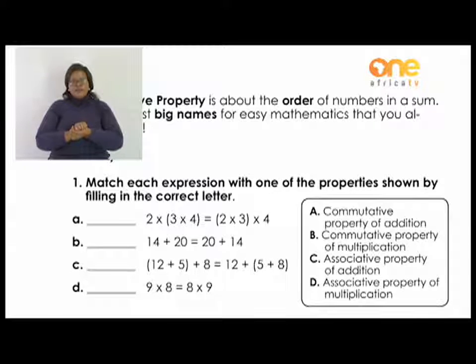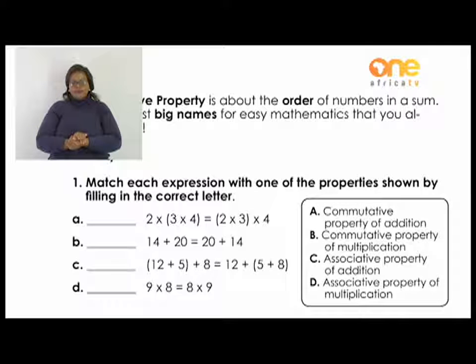First of all, the numbers on your left-hand side are exactly the same as the numbers on the other side of the equal sign. So the numbers don't move, so that will be associative. But now, what type of associative is it? Is it addition or multiplication? Yes, it will be associative property of multiplication. So our answer at A will be D.